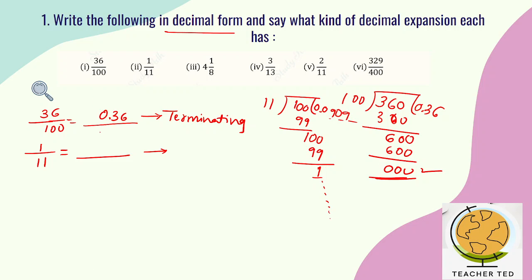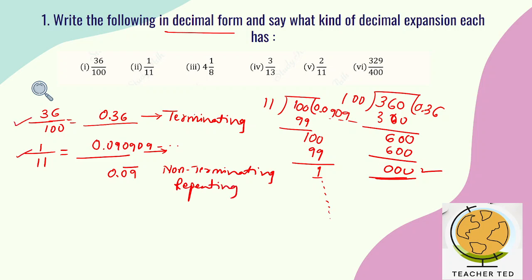You can say the answer for this is 0.090909, it will go on like this. We can shortly write it as 0.09 with a whole bar, and since it is not terminating, you can say it is a non-terminating, recurring or repeating expansion. So this is the answer for the second question.